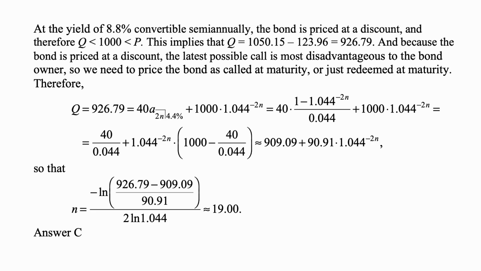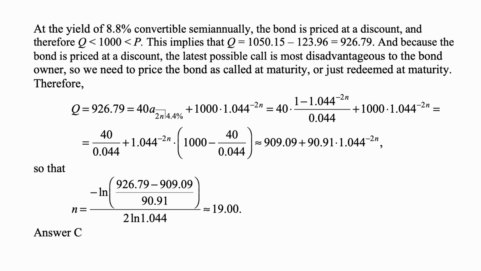At the yield of 8.8% convertible semi-annually, the bond is priced at a discount, and therefore Q is less than 1,000, less than P. We already established that P is more than 1,000, but Q being less than 1,000 is an illustration of the bond being priced at a discount. That means that the price is less than the par value of 1,000.